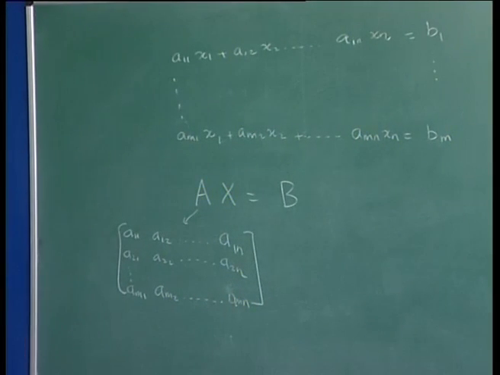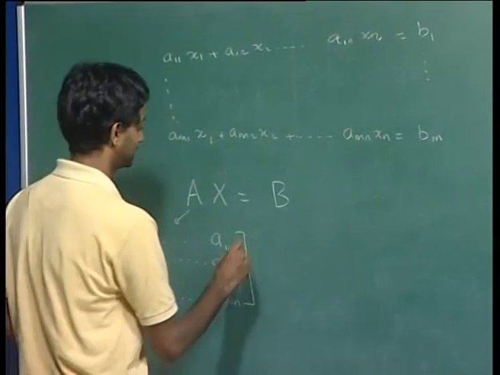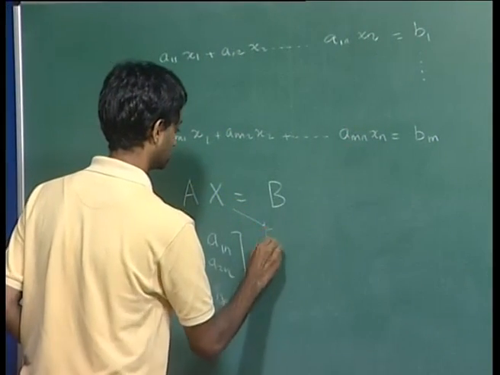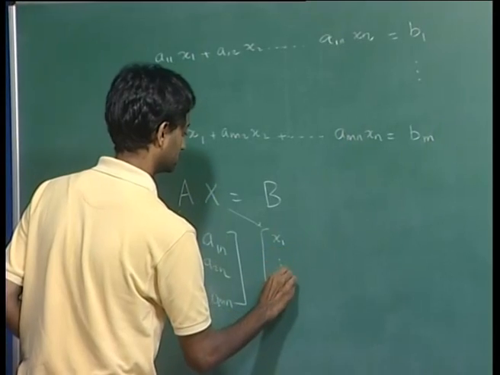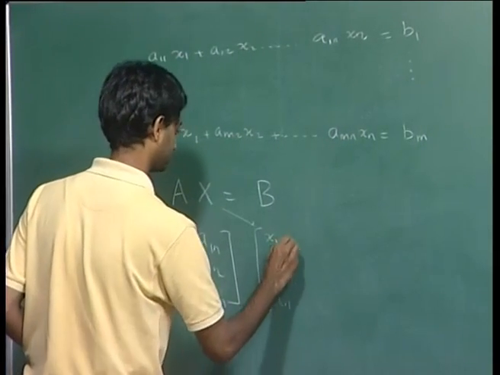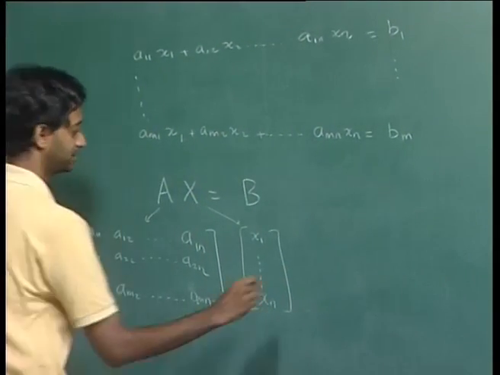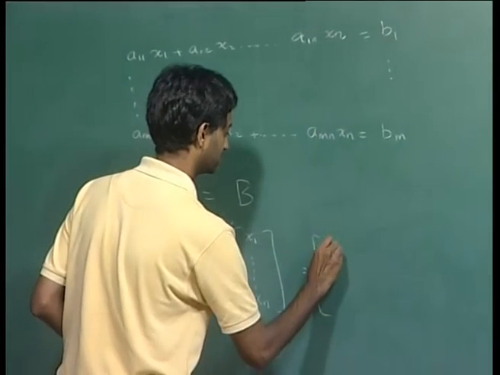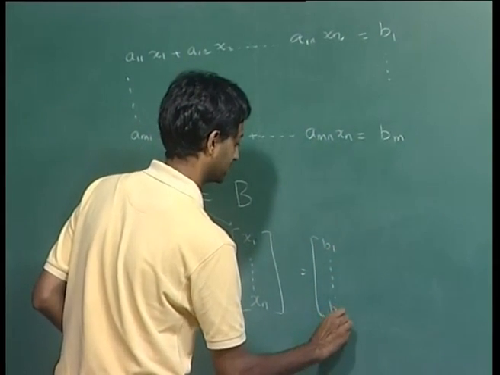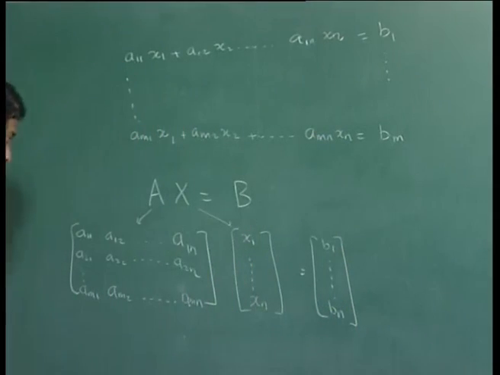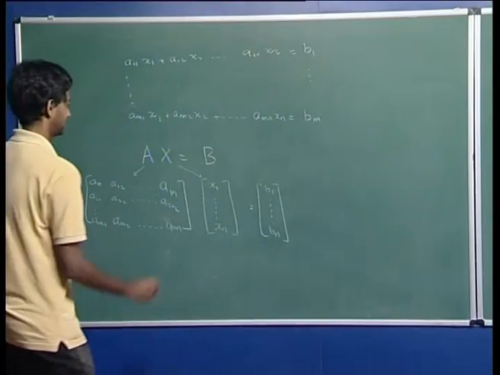So, this is my A matrix. Okay. x is x1 up to xn, and b is b1 up to bm.